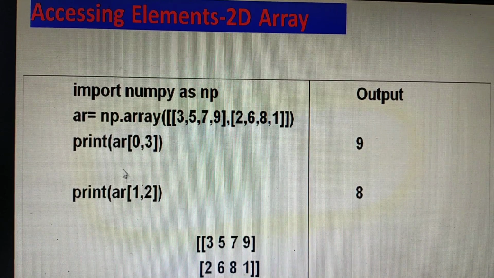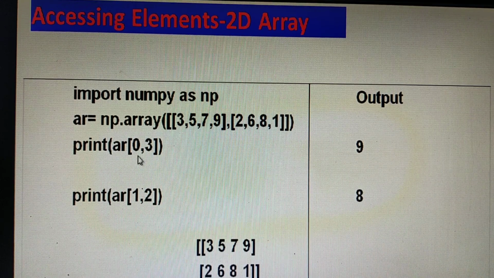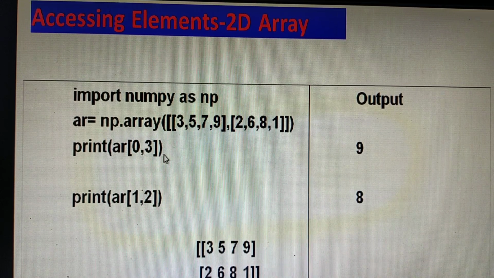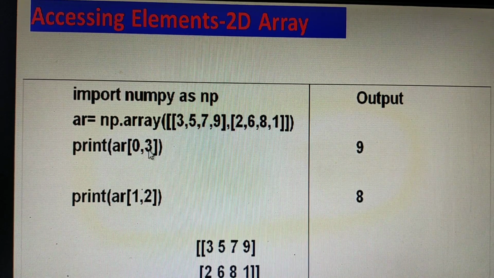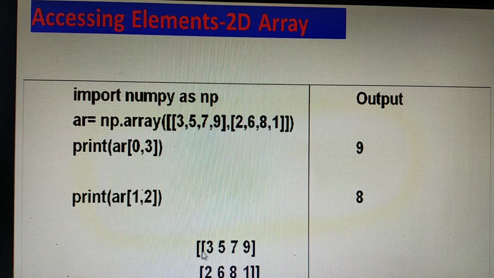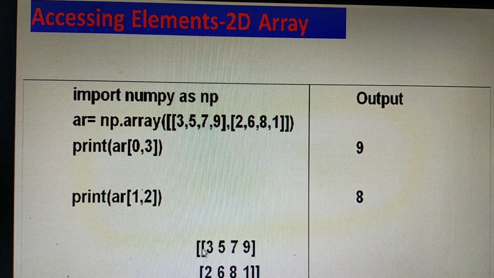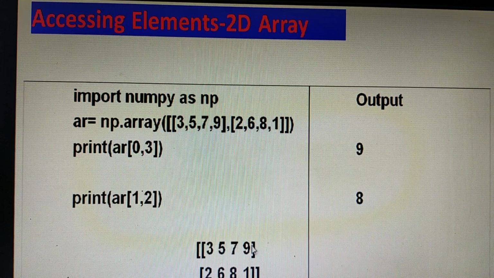To access any particular element of the 2D array, we have to write the row number and column number. So row 0 and column number 3. 0 is the first row, and from this, column index 0, 1, 2, 3, so 9.